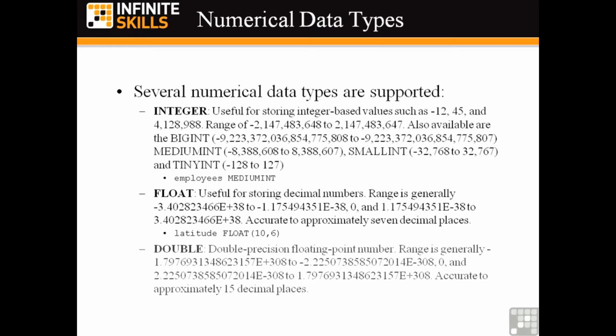If you are looking for a floating point type supporting a higher degree of precision, then check out the double type. It's also a floating point number that supports a very large range of numbers, as you can see here. However, whereas the float is accurate to approximately 7 decimal places, the double is accurate to approximately 15 decimal places.